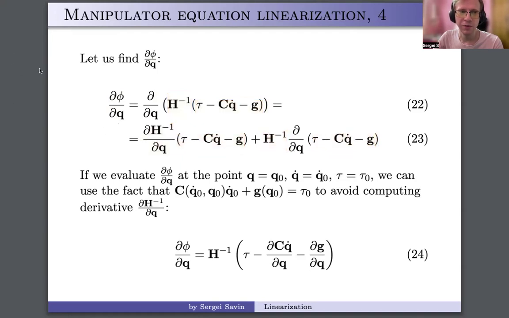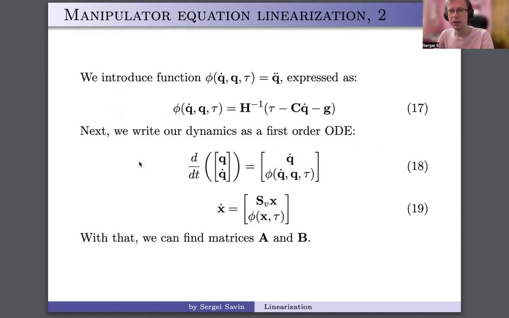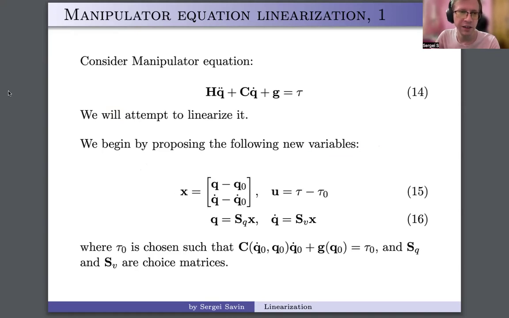Now, I didn't stress it before, but let me go back. We often assume that we take as a linearization point the point where this expression, C of q0, q dot 0 times q dot 0 plus g of q0, is equal to tau 0, right?